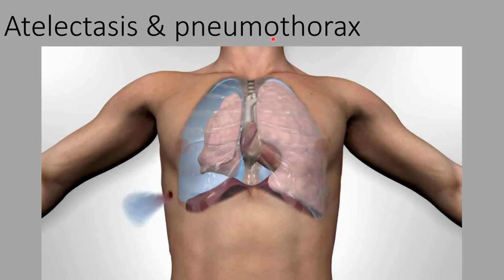So pneumothorax, air in the wall of the chest, causes a collapsed lung. But we don't call it a collapsed lung. We call it atelectasis. Atelectasis is a collapsed lung, and atelectasis results from pneumothorax.